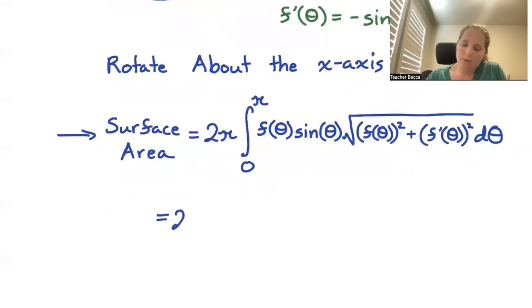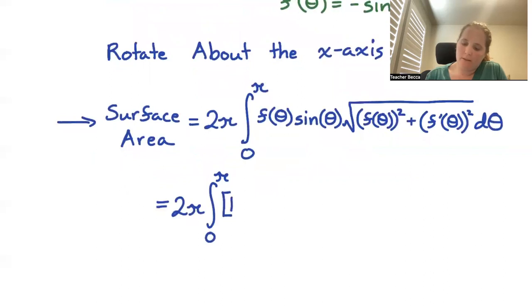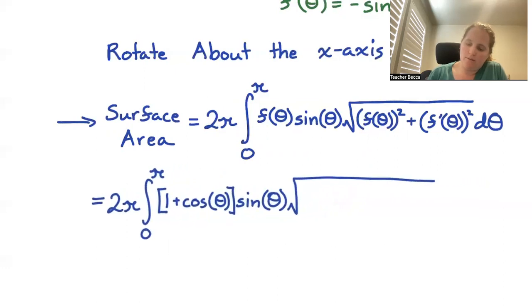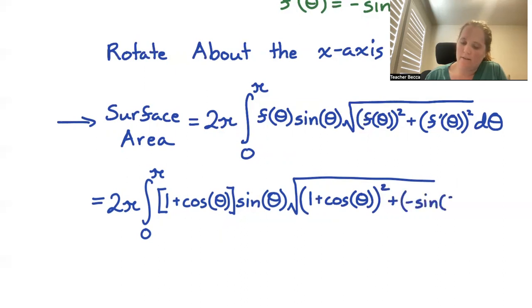If we go ahead and plug things in, we are looking at 2 pi times the definite integral from 0 to pi of 1 plus cosine of theta times sine of theta times the square root of, let's move this whole thing so that I have more room to write, f of theta squared, so 1 plus cosine of theta squared, plus f prime of theta squared, so this is a negative sine of theta squared d theta.